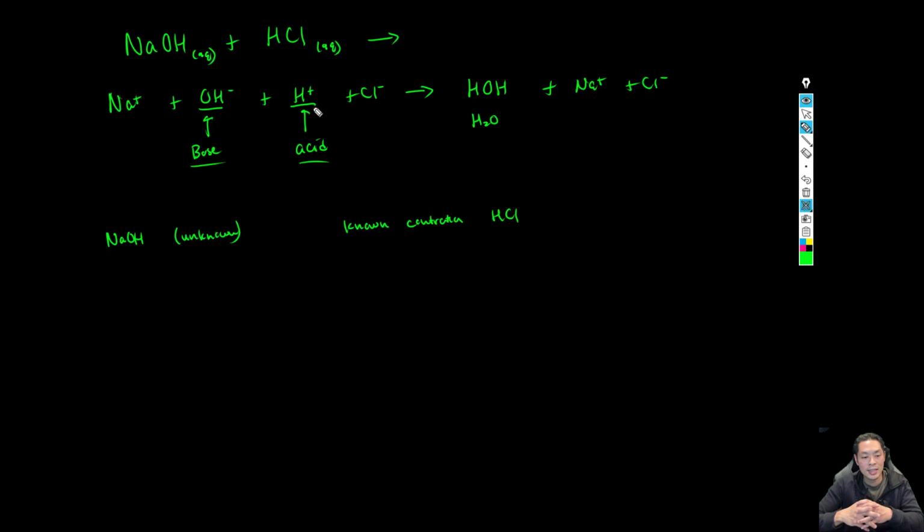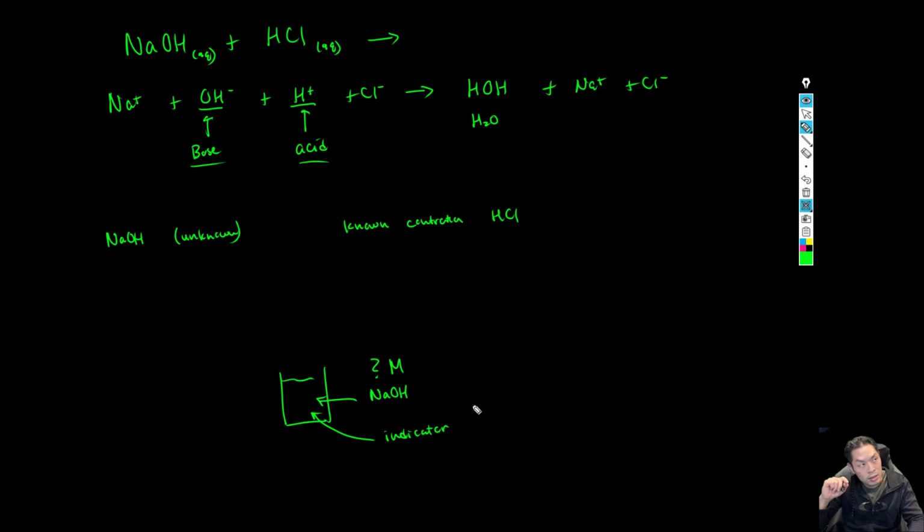So what we did in class is we had an unknown base. I think we had an unknown acid, but it doesn't really matter. So here is our NaOH with the unknown molarity, and we're going to put some indicator inside. Oh, we did do an unknown base.